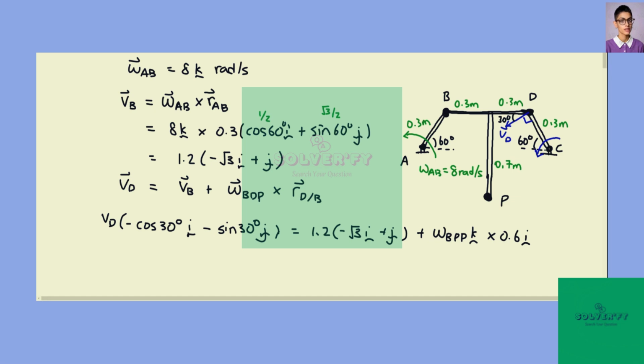Repeat the same steps. Cosine 30 degrees is square root 3 over 2, sine 30 degrees is half.